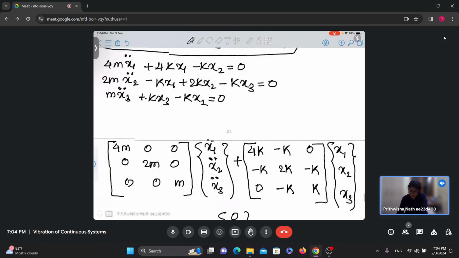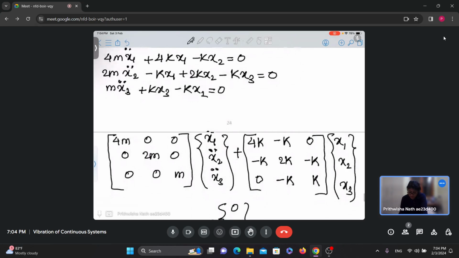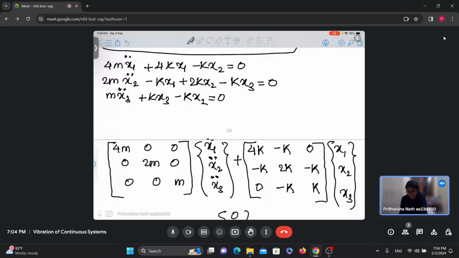Similarly, for the stiffness matrix, we see that the coefficient of x1 is 4k and x2 is minus k, but there is no coefficient for x3, so we write a 0 in that place. Similarly, from the second equation, the coefficient of x1 is minus k, the coefficient of x2 is 2k, and the coefficient of x3 is minus k.